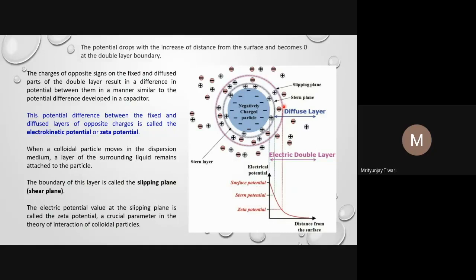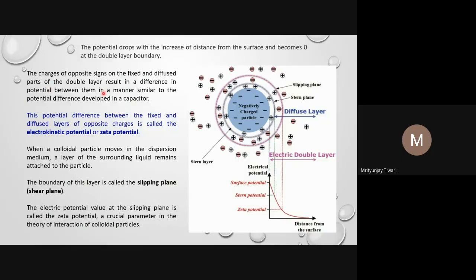If there is a difference in electric potential, there will be an electric field between them, and the difference in potential between the two layers, which behave like two plates of a capacitor, is called the zeta potential.